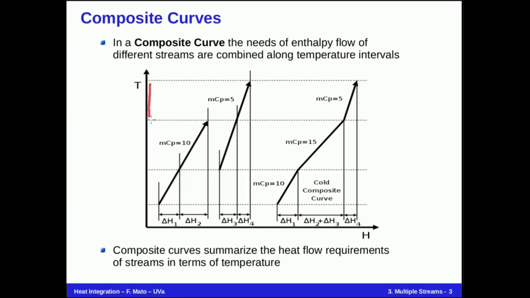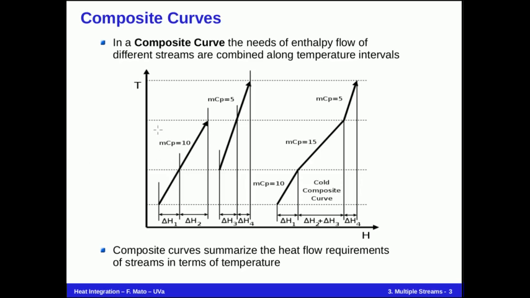A combination for this interval, a different combination for this second, third interval. Then, for the first interval, the lowest one, there is just this stream with this duty. Then, for the whole system, the combined needs are exactly this duty along this change in temperature.